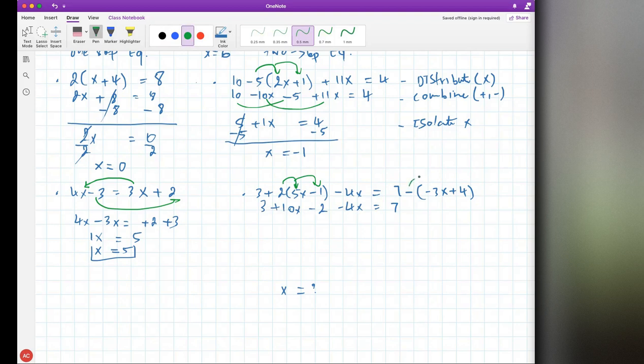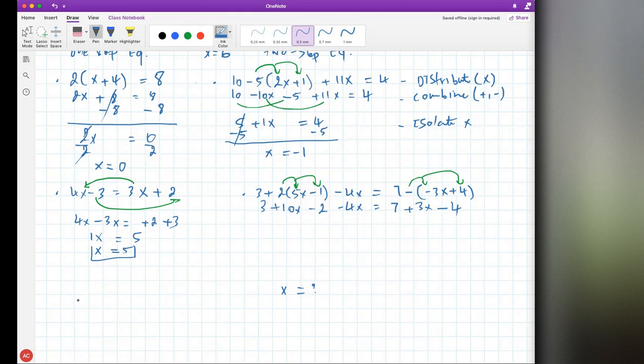That's right. So we're going to distribute the minus to the parentheses. So it's going to be 7 plus 3x minus 4. Negative times positive would be -4. So we're doing this on both sides, each side by itself. So simplify, and you're going to combine.